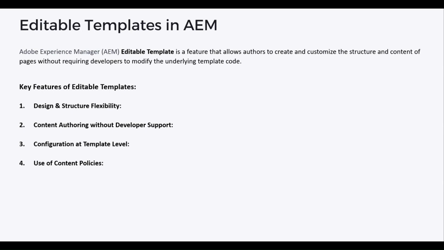The second one: if you want to provide some restriction throughout the pages, suppose these kinds of components will be allowed only in the pages and we will not be able to use other components. These sorts of configuration can be done at the template level.